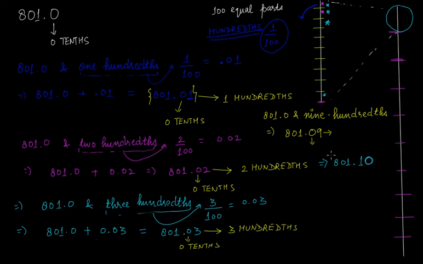So now you have reached here 801.10. It means that you have 1/10ths and 0 hundredths. But now you have been given this one also.